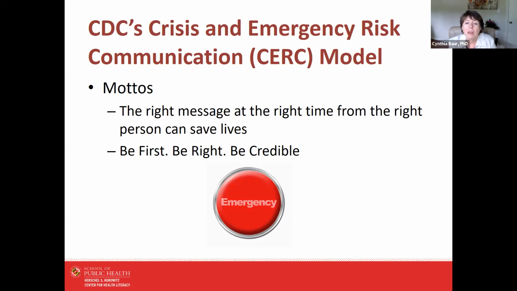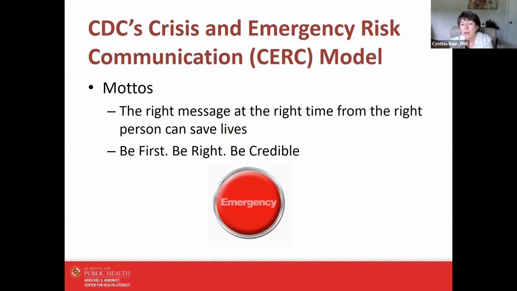First, that you are focused on delivering the right message at the right time from the right person in order to save lives, right? So the information that you give people, the timing of when you give it, and who's delivering that message can be quite important in terms of the credibility, the believability, the trustworthiness of that information. And also that it's really important to get out there quickly, right?